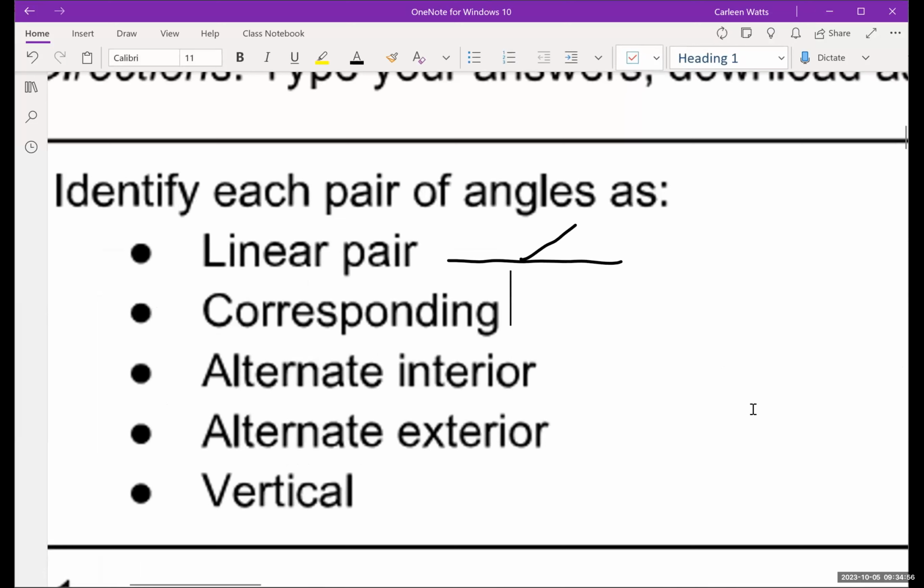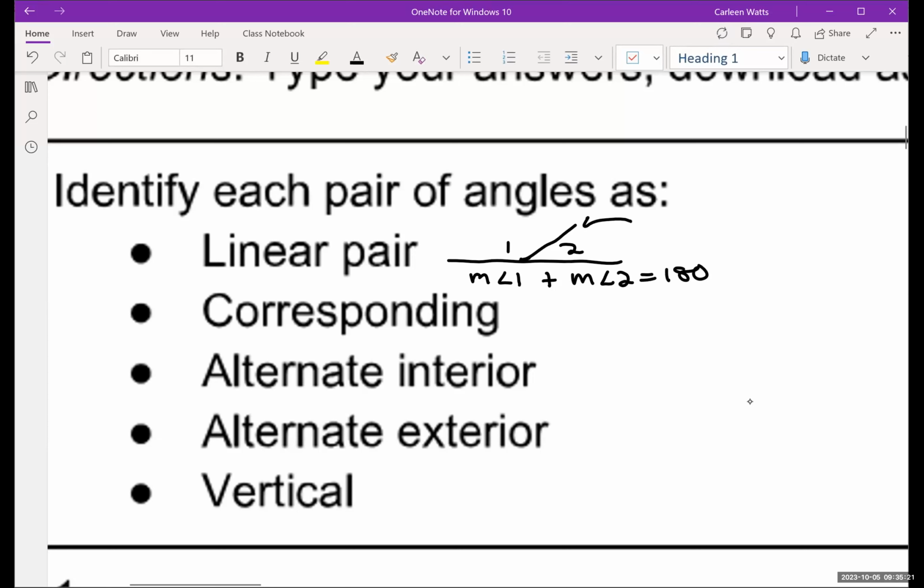Here's a linear pair, and we know that the measure of angle 1 plus the measure of angle 2 equals 180. Notice we don't have a pair of parallel lines. They are together on one line.